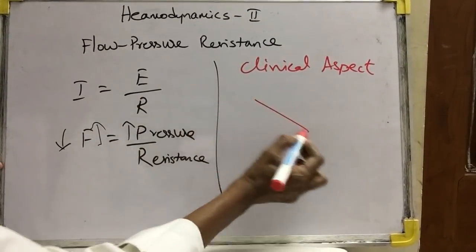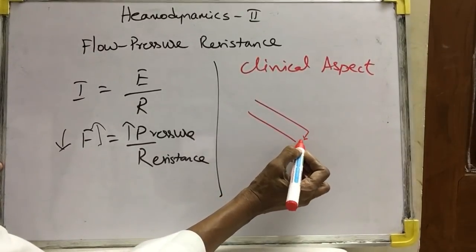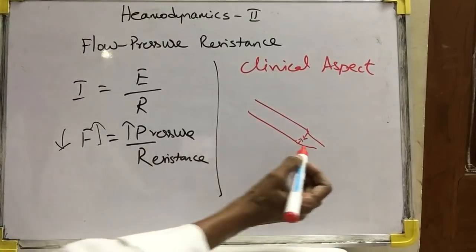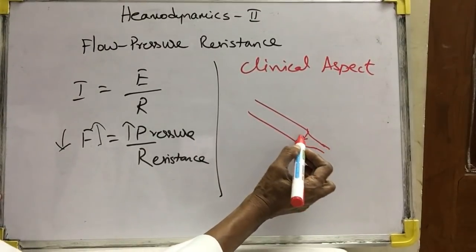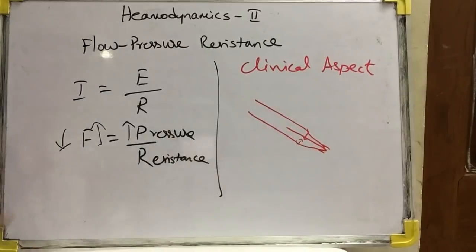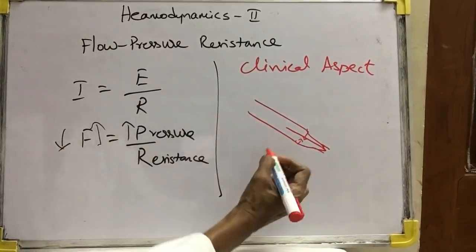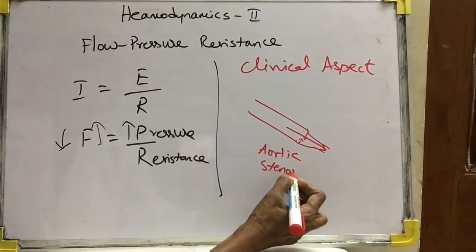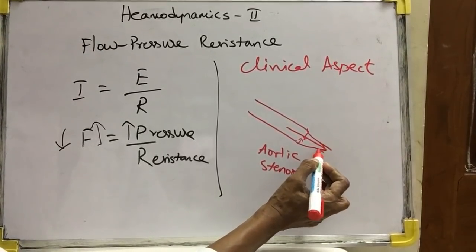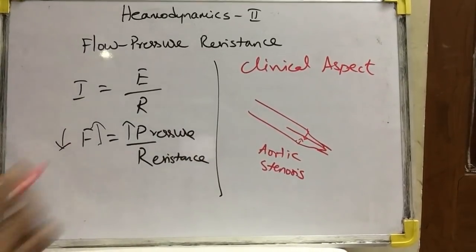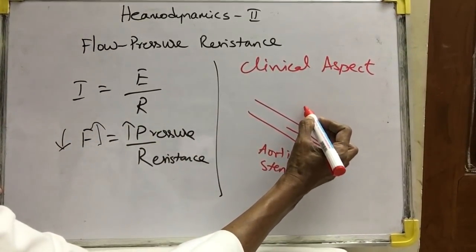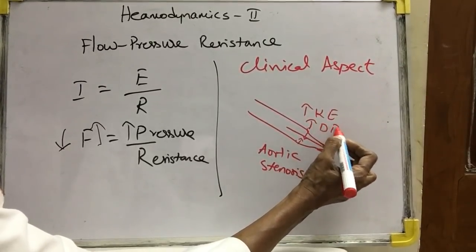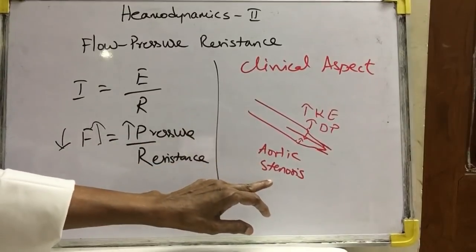So if this is the aorta and it is stenosed, narrowed, and when the aorta is narrowed, that means when there is aortic stenosis, the velocity of flow will increase, and that will increase the kinetic energy, and in turn that will increase the dynamic pressure. So what is happening in aortic stenosis?